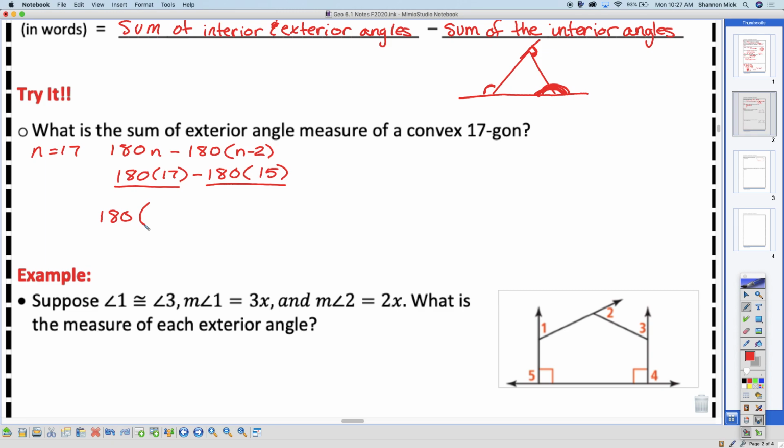Factoring is the same as division from Algebra 1 last year. So when I divide this by 180, what do I have left? 17. And when I divide this by 180, what do I have left? 15. And what is 17 minus 15? 2. And 180 times 2 is 360.